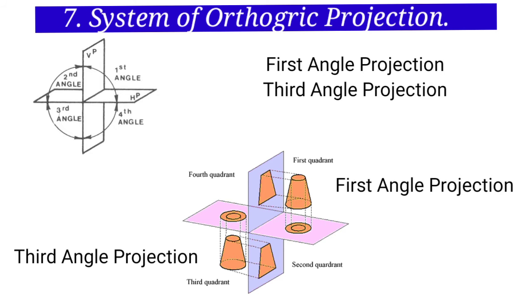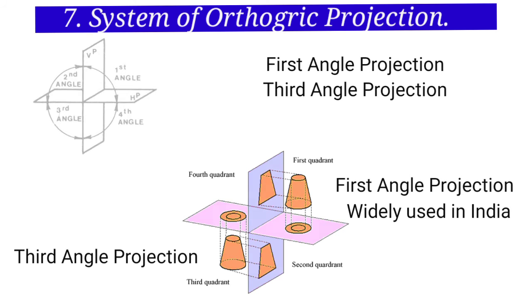Both these systems should be taught in engineering institutions, as they are used throughout the world for the preparation of technical drawings. In India, the first angle projection has been in exclusive use after 1991.